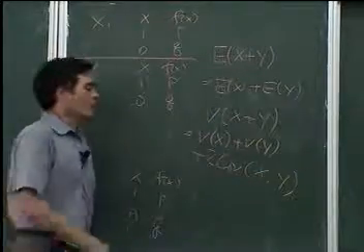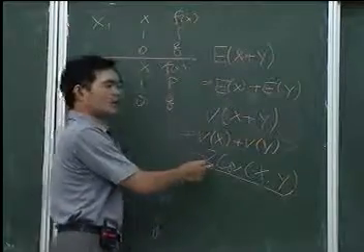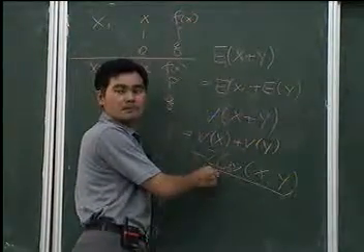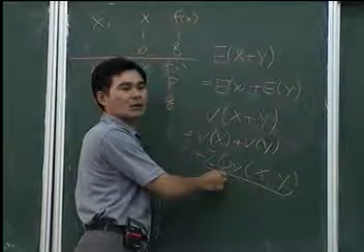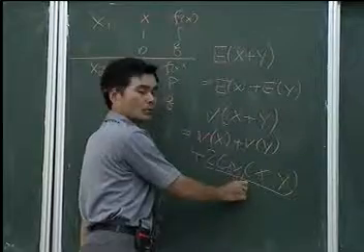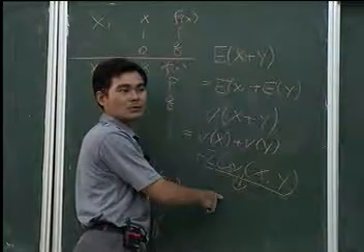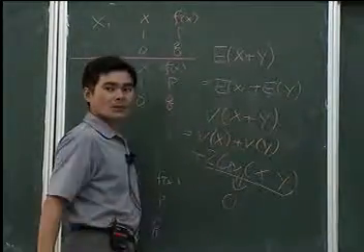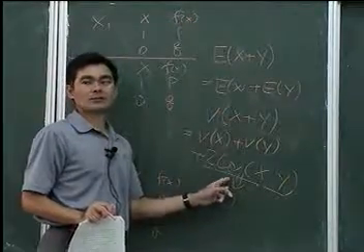And we discussed this before: if x and y are independent of each other, what should be the value here? It is equal to 0.